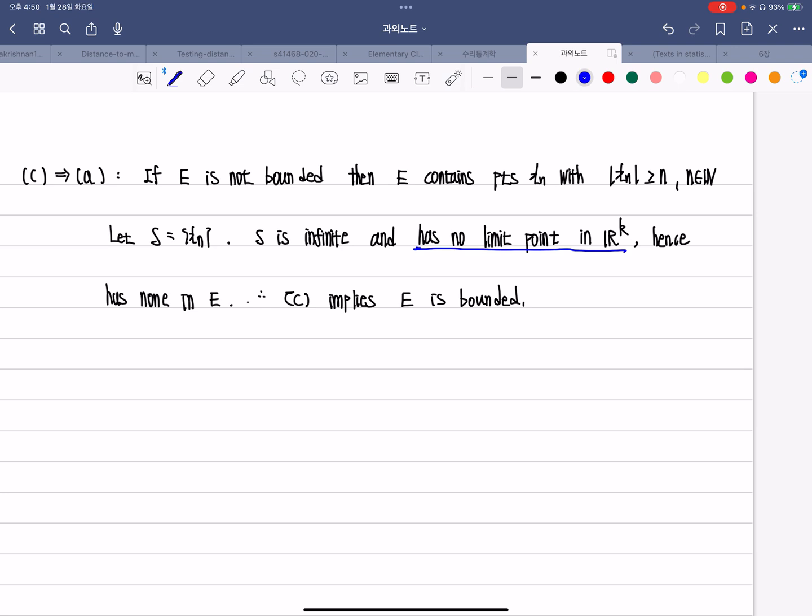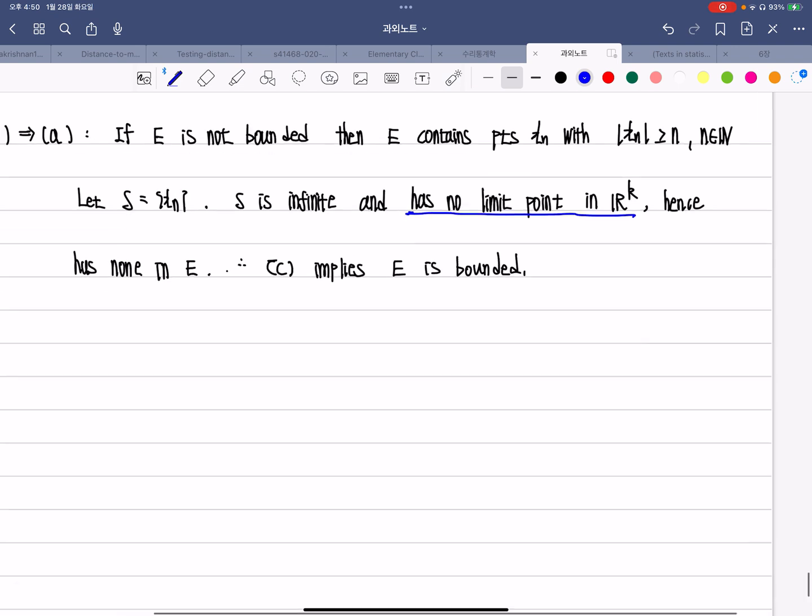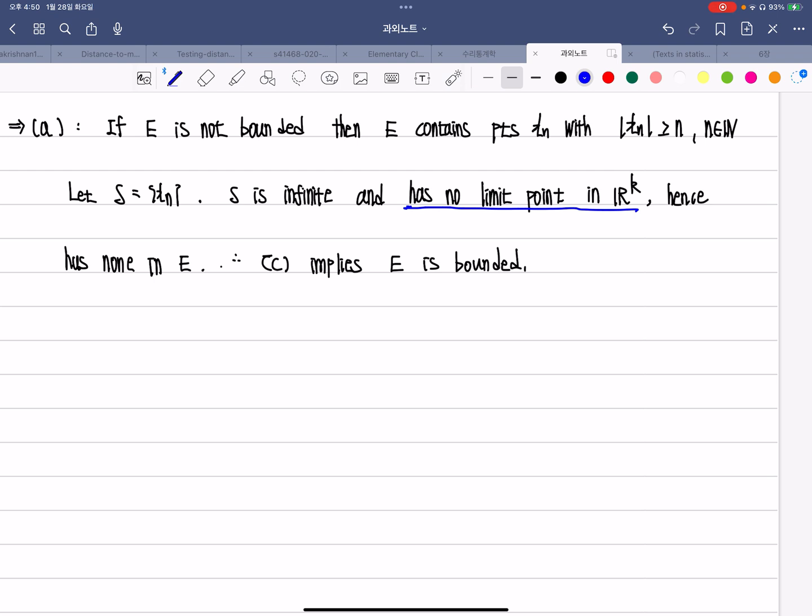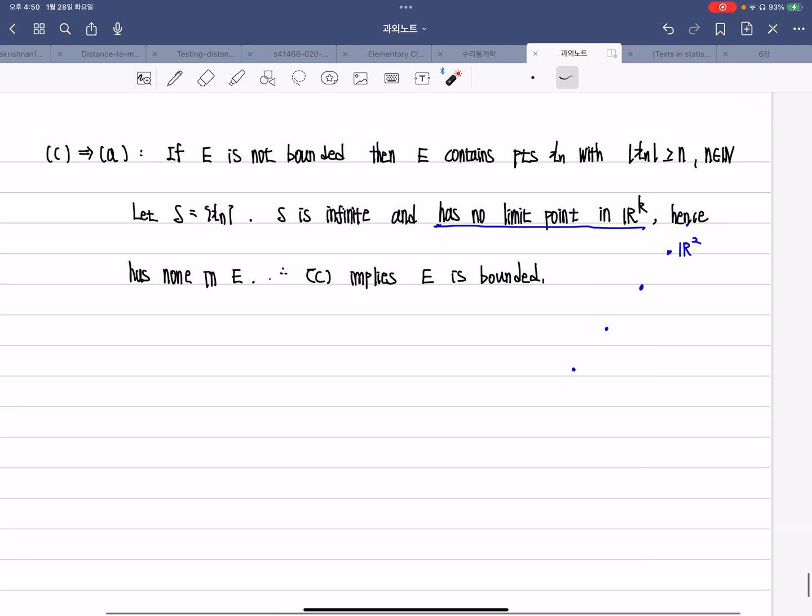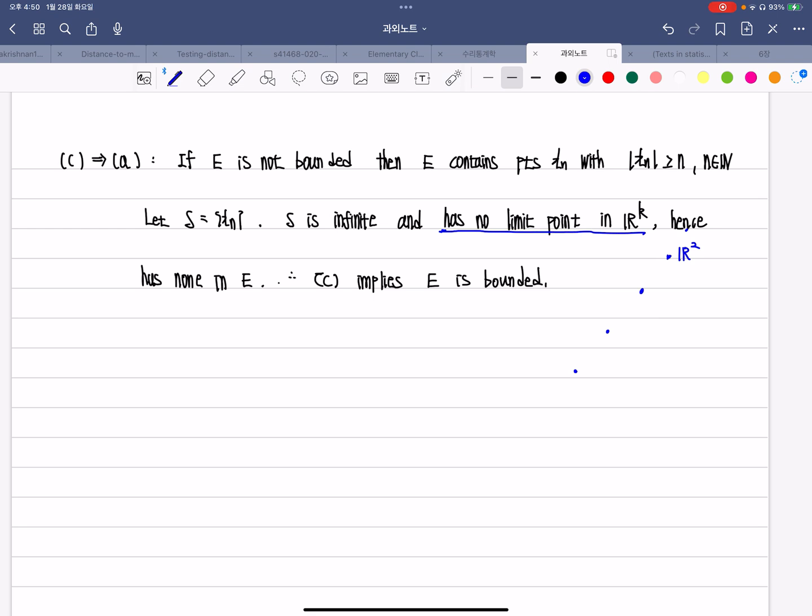Why does S have no limit point in Rk? In the figure, you consider these points going more and more.